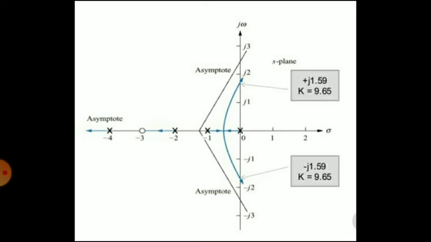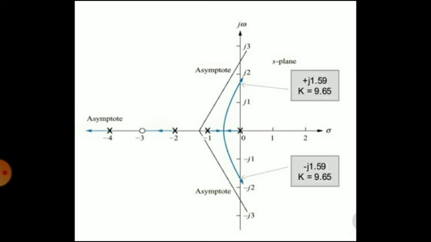Then the root locus that is shown by the green line, and that root locus crosses the real axis at what is called the breakaway point, and the asymptotes start from the real axis at what is called the centroid.